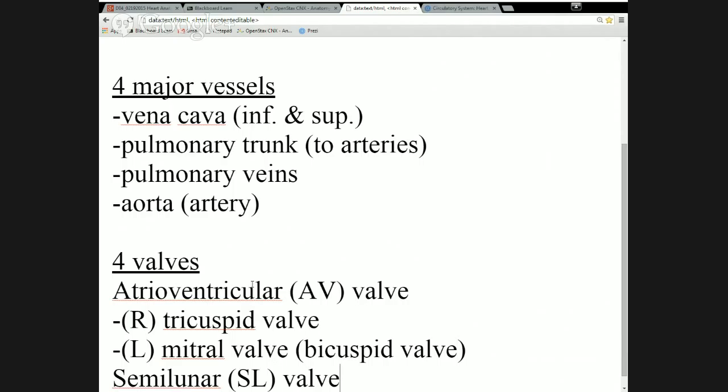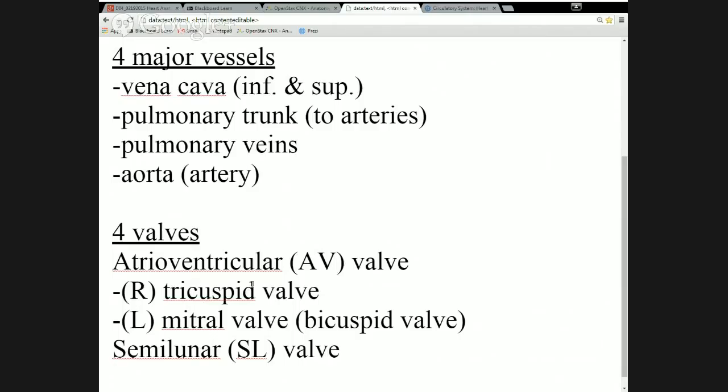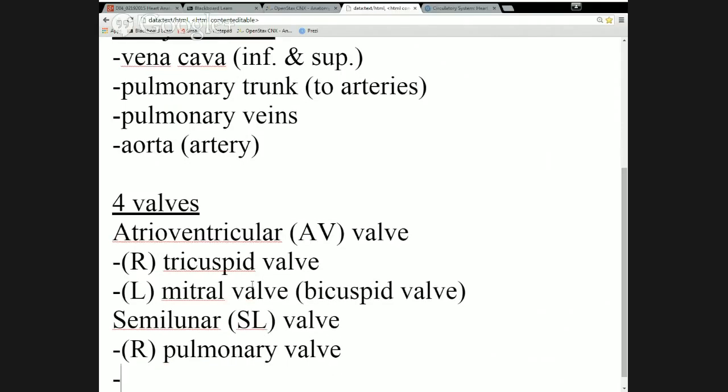It's just a little awkward. Semilunar valves separate the ventricle from an artery. On the right side, that's called the pulmonary valve. And on the left side, that is the aortic valve.